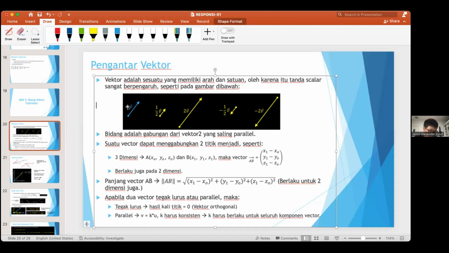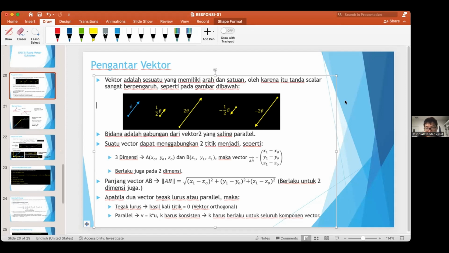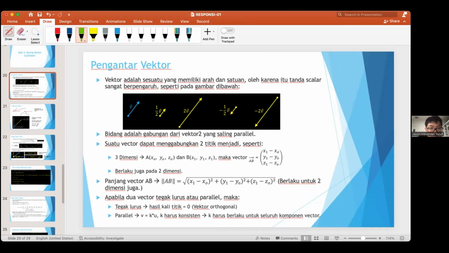Basically here, let's say this is the initial one, a vector V. Let's say we have a new vector A, and that vector is multiplied by a constant K, so KV.